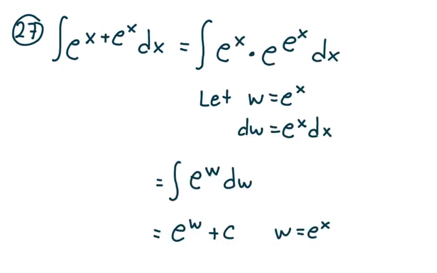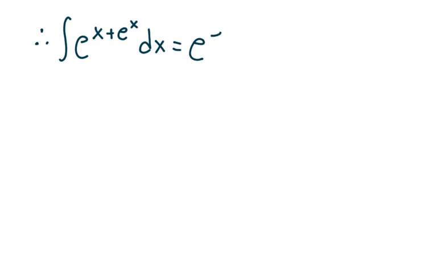So therefore, the integral of e raised to the x plus e to the x dx is e raised to the e to the x plus c. And I'm done. So that was 27. So let's take a look at 28.